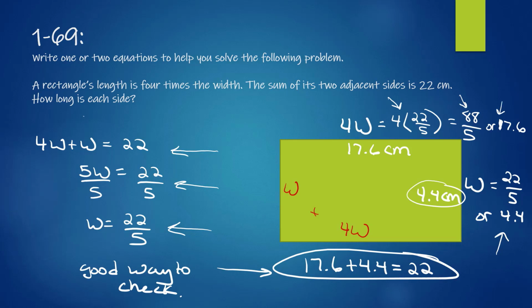And so I'm just checking it to make sure. So what I've done here is I have added 17.6 plus 4.4. That gives me the 22 that we started with. So I'm sure that I have got the correct answers for 4.4 centimeters and 17.6 centimeters. And that is 1-69.